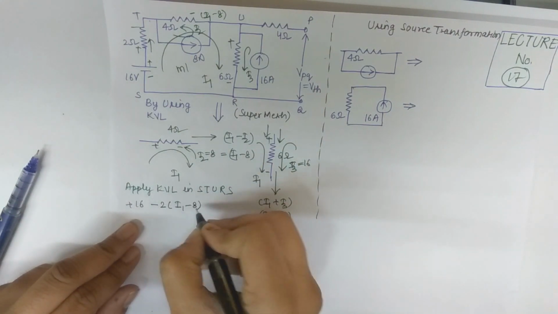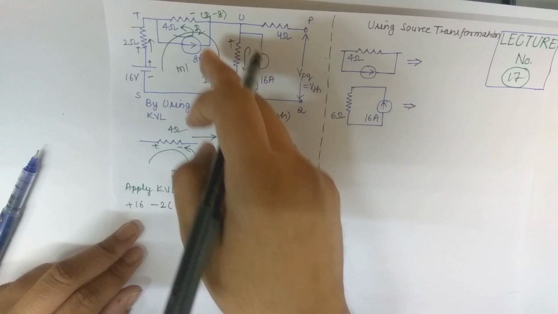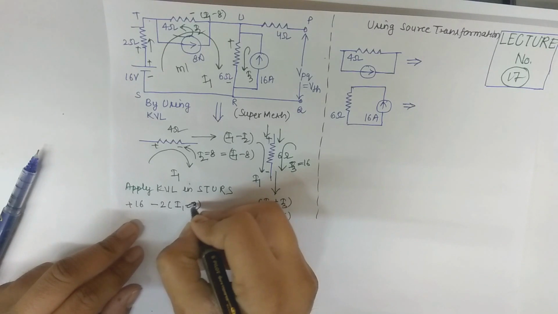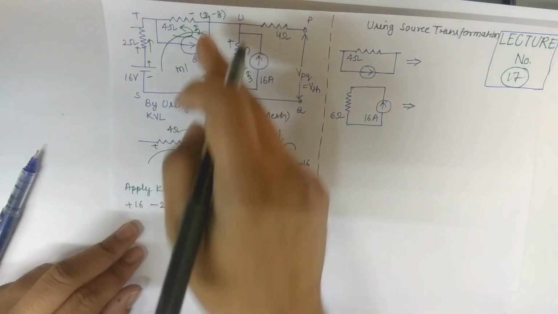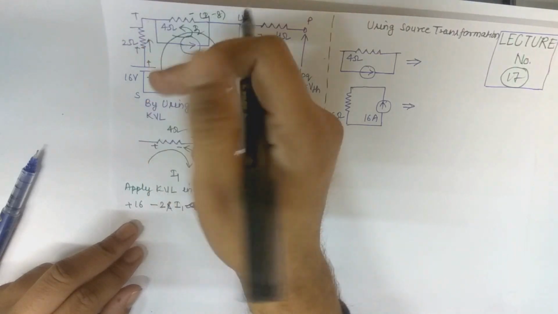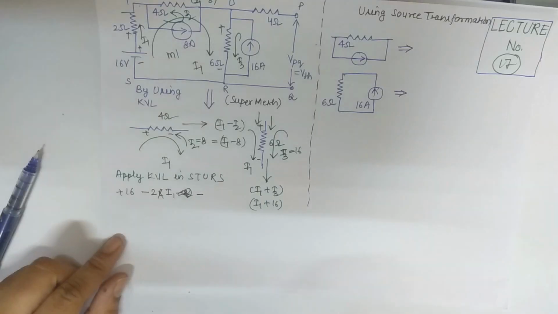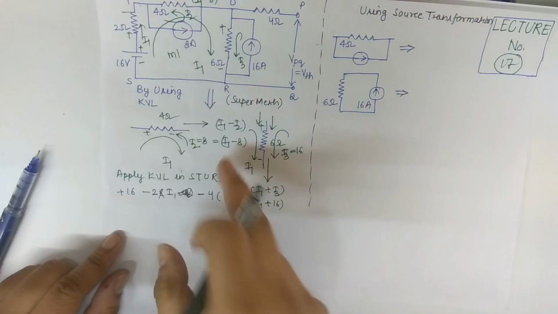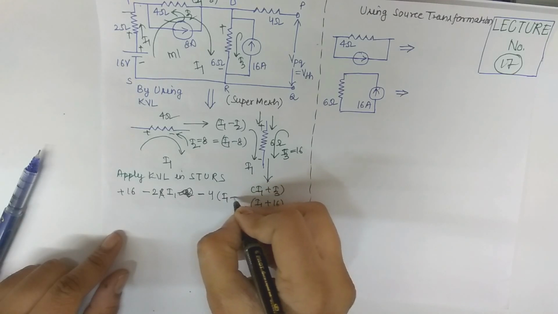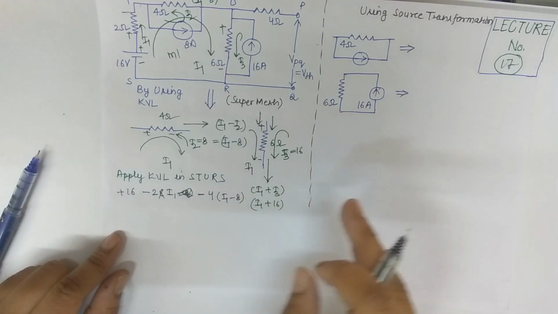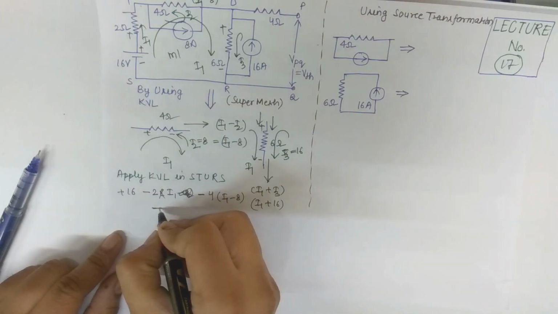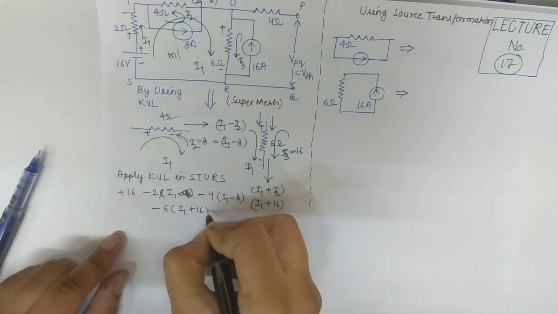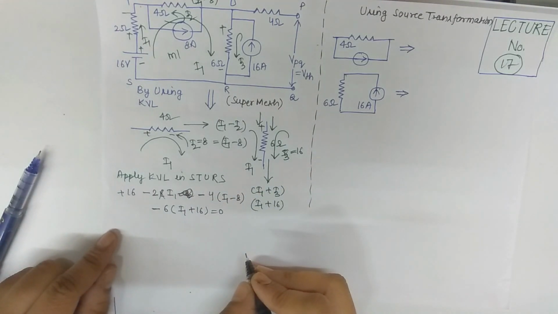I1 minus 8, and here sorry, I1 into 2, and here minus of, because in this resistance current is I1, and in this resistance minus of 4, and the value of current is I1 minus 8. Now here minus of 6, and the current is I1 plus 16 is equal to 0.